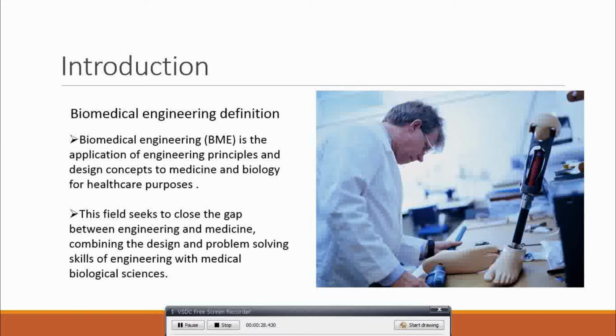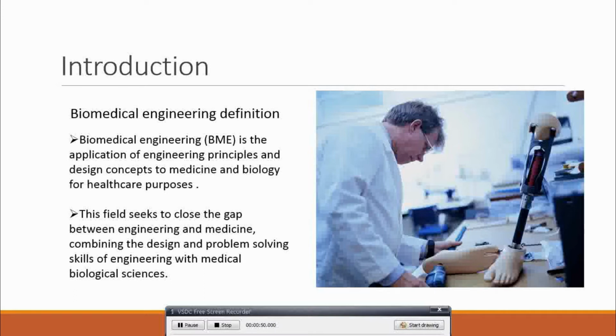Basically, the definition sounds like it's a combination between two different fields, which can be medicine and also biology. But the important thing is that we combine these two, medicine and biology, along with engineering.